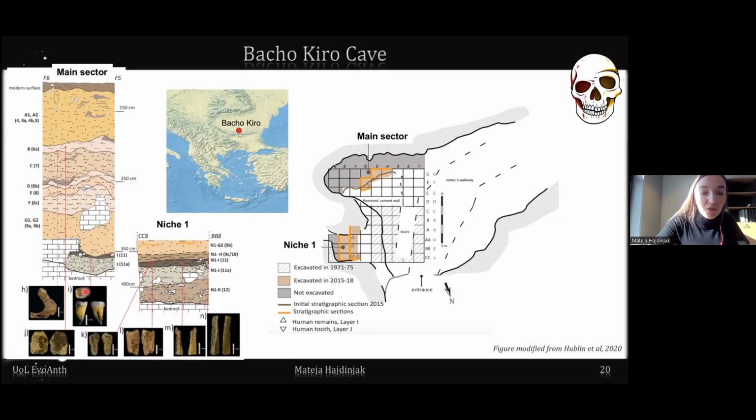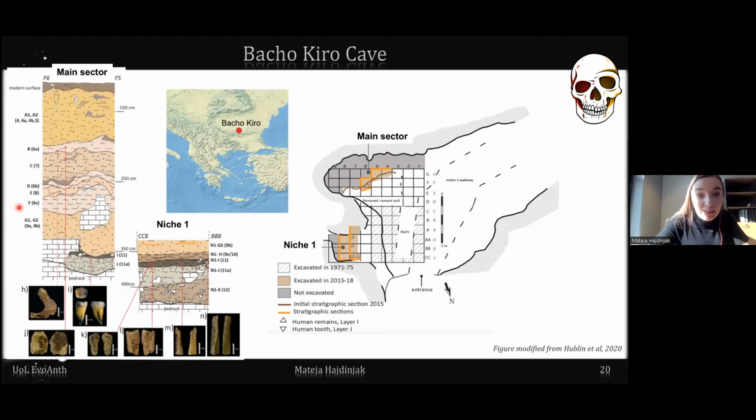And there are two additional individuals which were found further up in the stratigraphy in the main sector area of the cave that has been excavated, and which have been dated to around 35,000 years cal BP, and which are most likely associated with the Aurignacian archaeological assemblage.